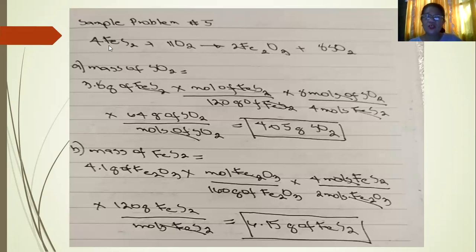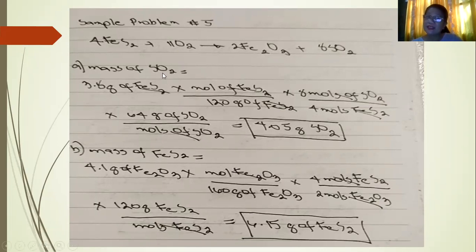So here it is. This is our equation. That is 4 moles of ferrous sulfide, then 11 moles of oxygen, 2 moles of ferric oxide, and 8 moles of sulfur dioxide.